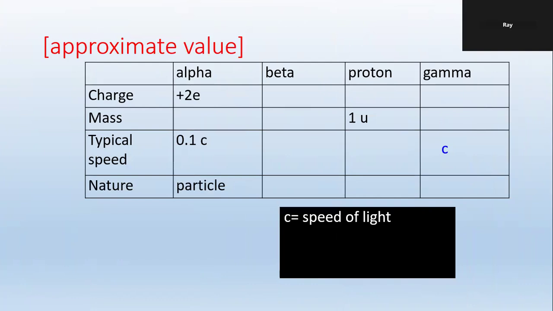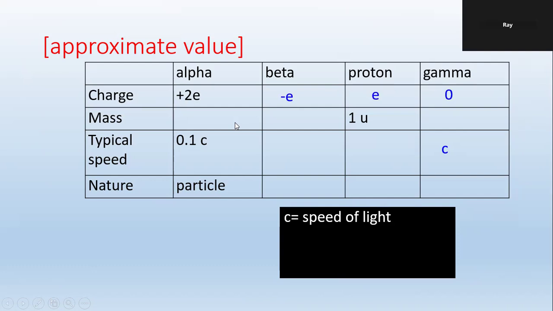You should be able to fill up this table. Your AS work. Charge on beta. The charge on alpha is 2e. Speed of alpha. c is the speed of light. What's your beta? Mass of alpha, approximate value. Should be able to fill up this table.